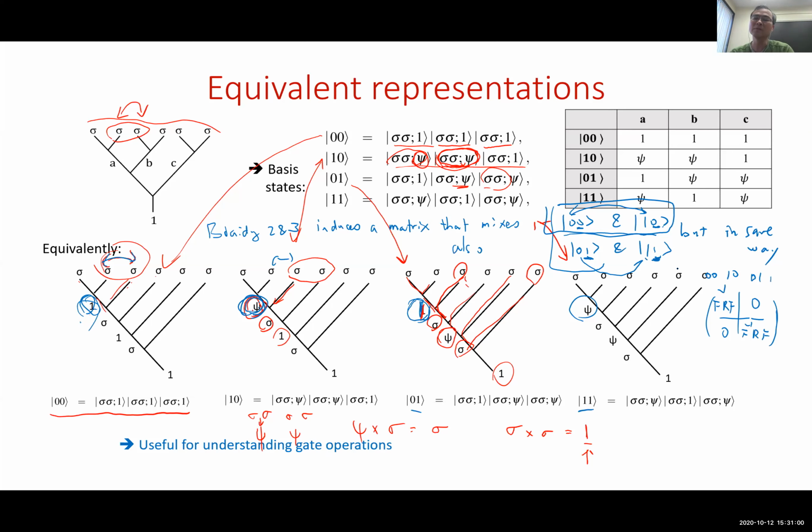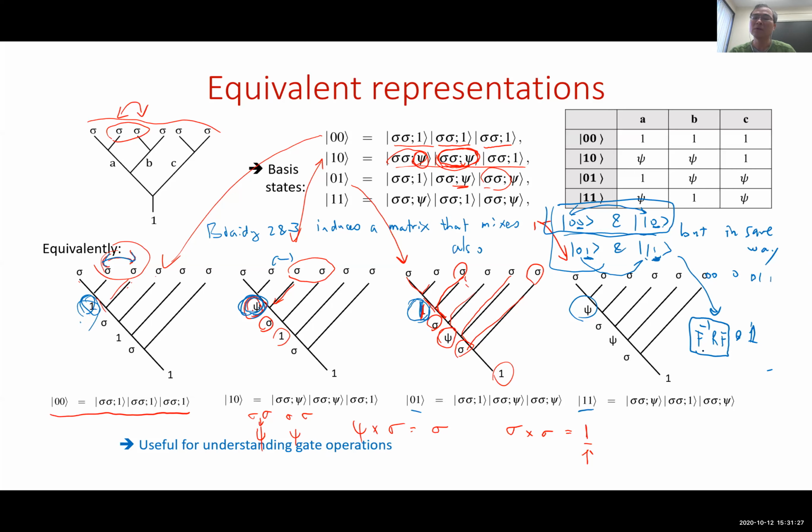So therefore, the form should be this, and it's really just F inverse RF times identity, or okay, I think it's the other way around. The matrix was not written correctly, but the form should be F inverse RF times identity, right?